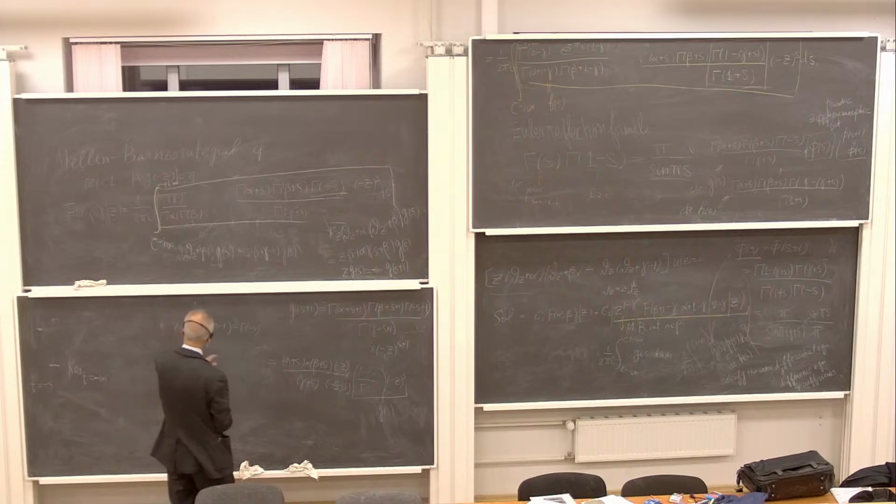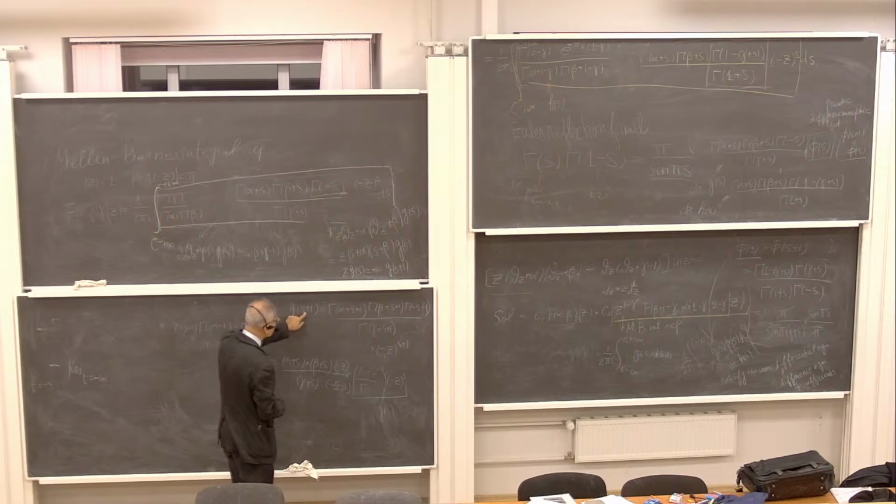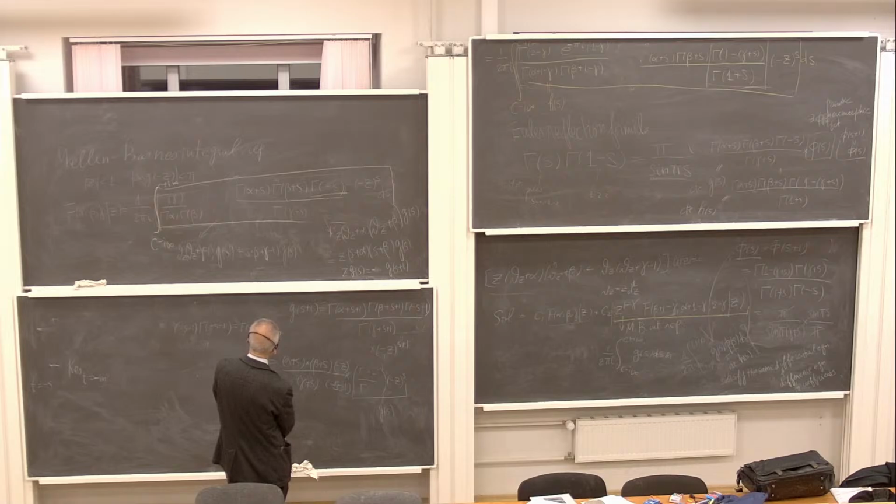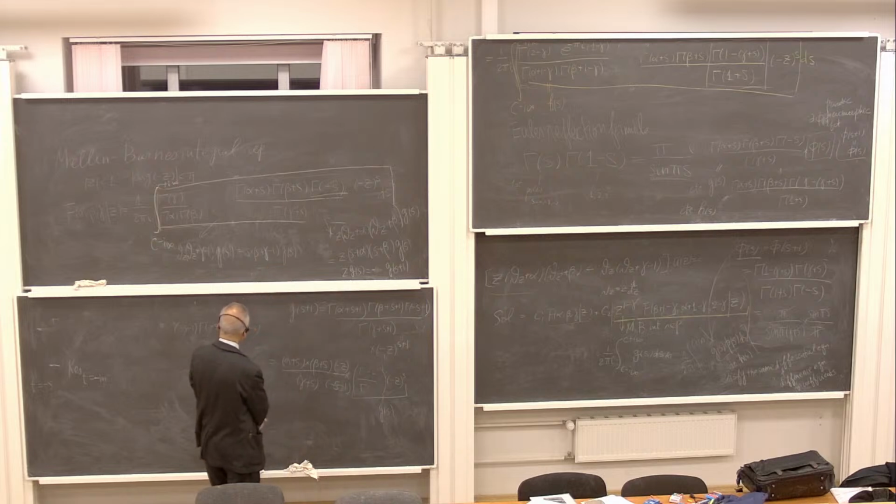So this relation, s plus 1. In fact, if I replace s, simply I want to say that this G(s) function satisfies a recurrence equation, a kind of difference equation.